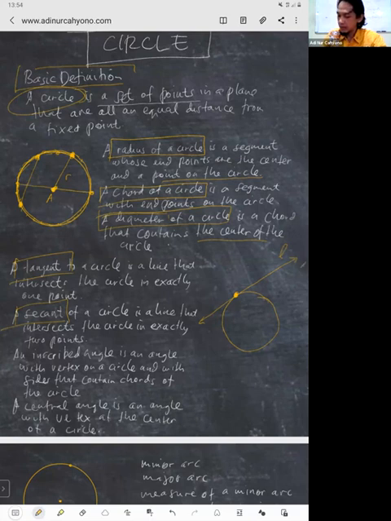The tangent meets the circle in exactly one point, and the second is the secant, a line that intersects the circle in exactly two points. In Indonesian, it is garis yang memotong lingkaran. For example, when this line M intersects the circle, they will have two points.